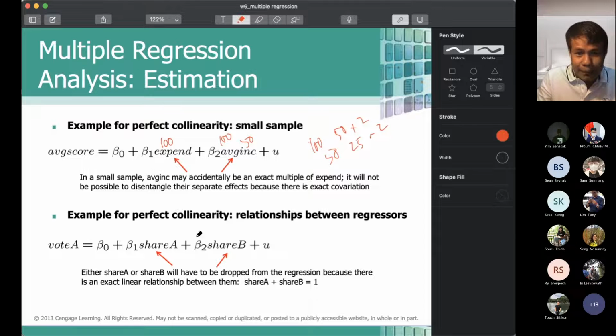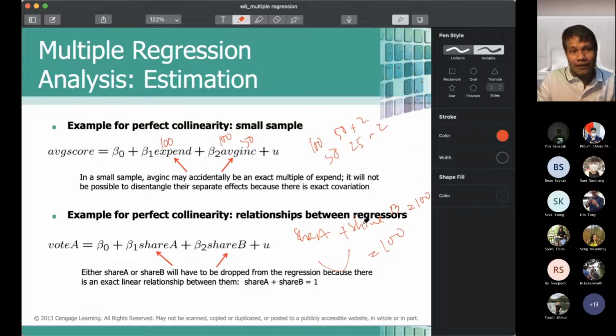Include the variable share A, which is the share they spend on campaign, and share B, which is the money they spend on other activity. So share A plus share B equals 100. If you include both share A and share B, there is multicollinearity because these two variables add up to 100.